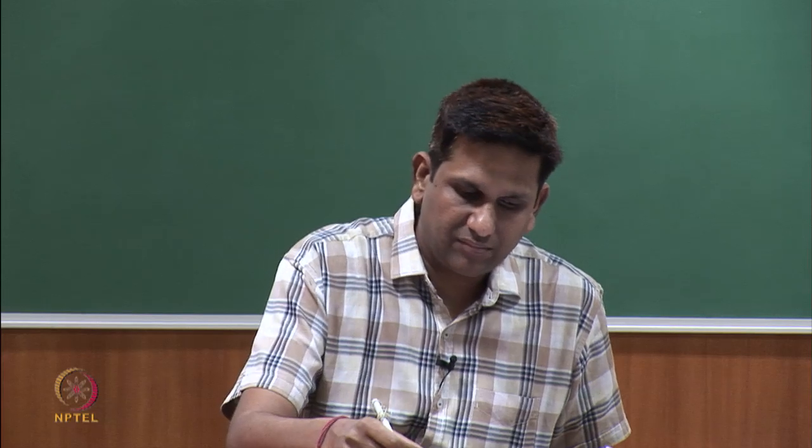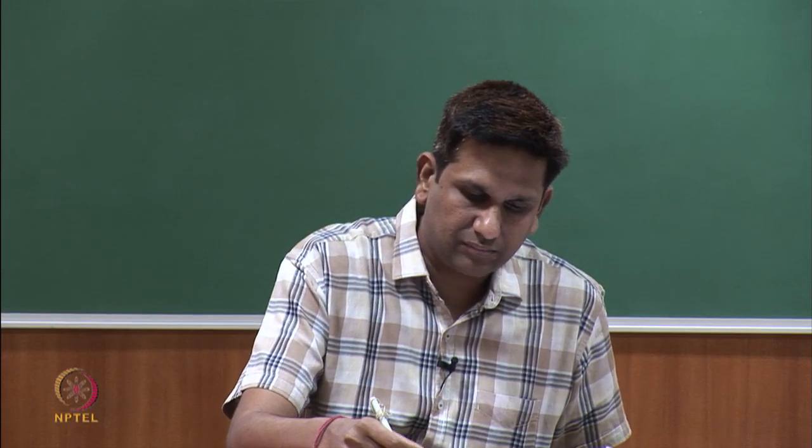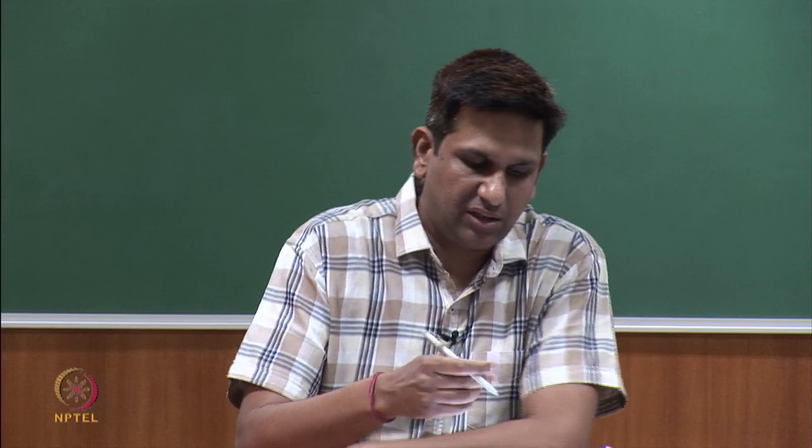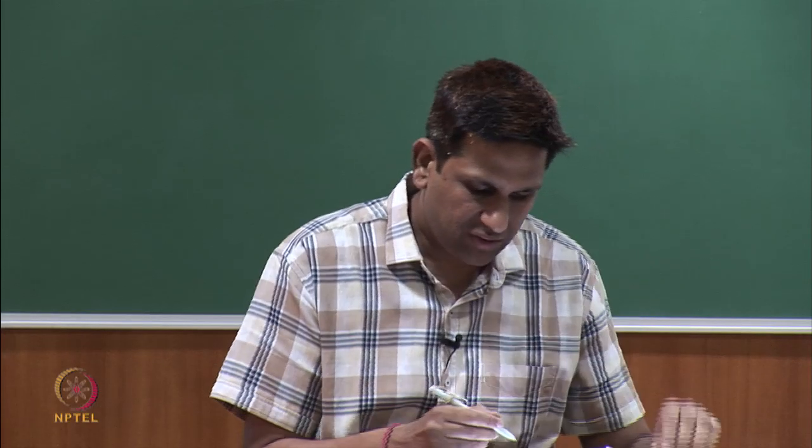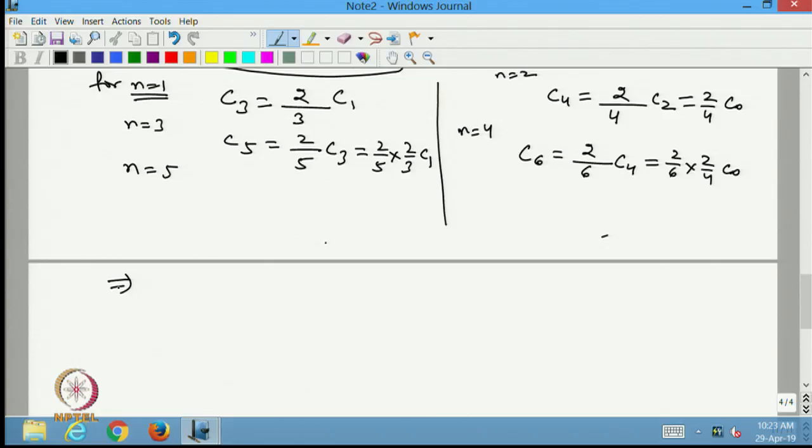So, once I am able to write this, that I am able to find the solution in this form, then from here I can write my solution Yx. So, Yx is C0 plus C1x plus C2, which is already C0, so I can write it as C0 x square.